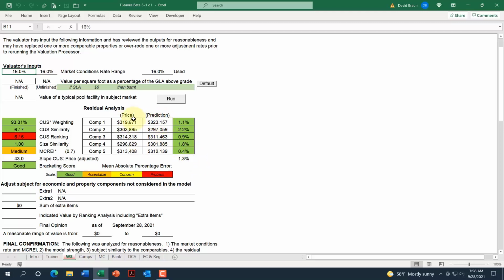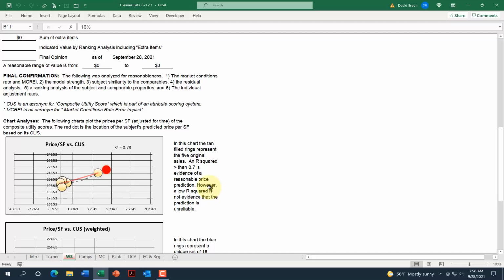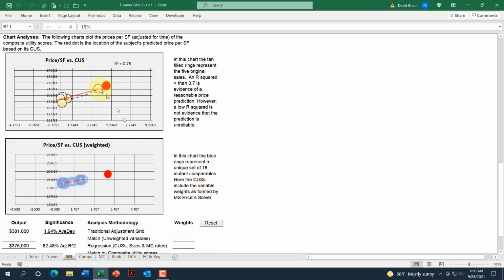Here are the actual prices, the predictions, the residuals, and here's what we call the MAPE, the mean absolute percentage error. I can see this line down here is actually supposed to be up that line, so I'll have to make a note to correct that for future versions. So the MAPE is 1.3%. Now, what we were talking about earlier, this is the subject.